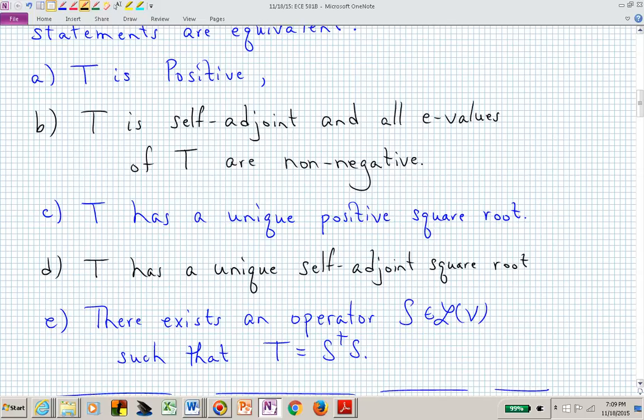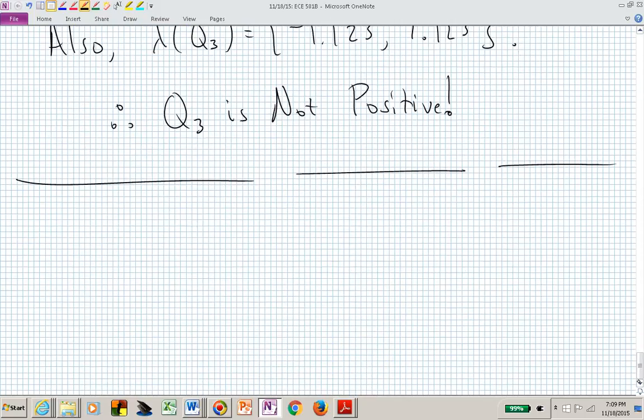Let's now prove that in fact A implies B, B implies C, C implies D, D implies E, and if we then can show that E implies A, then we have all of these statements being equivalent to each other. Let's now make that happen.